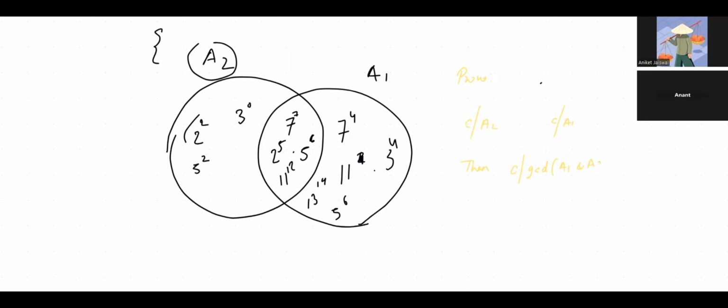C is, no, nothing, no condition. If C is dividing A1, you can write A1 as C into some integer, and the same with A2.